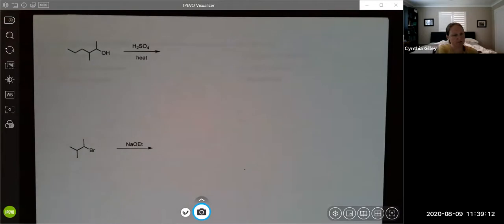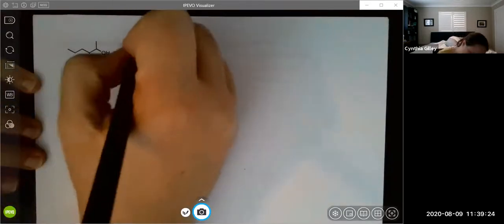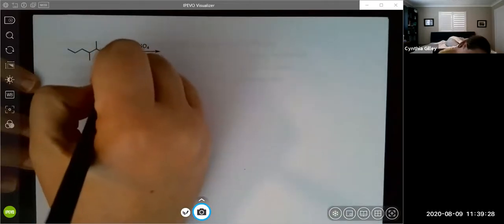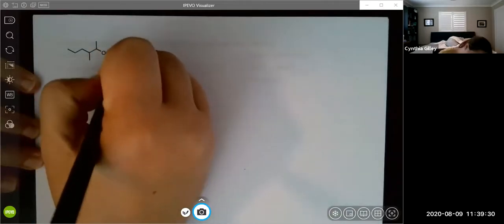The next one has this alcohol, and again it's H2SO4 and heat. So it's very similar to the last one that we just did. We're going to have hydronium ion. It's going to go do an E1 pathway. I'm going to draw in some hydronium ion.